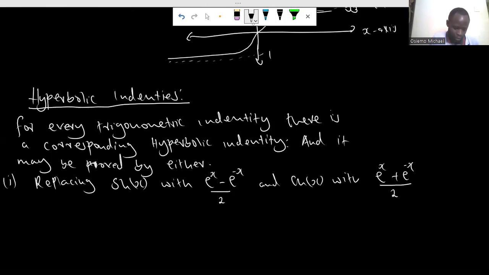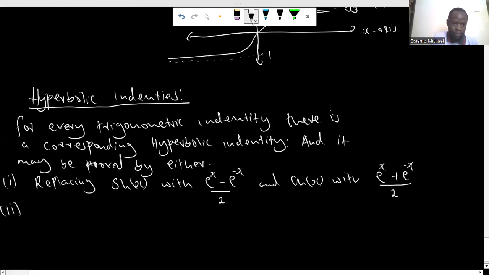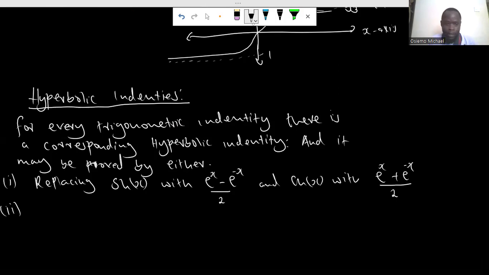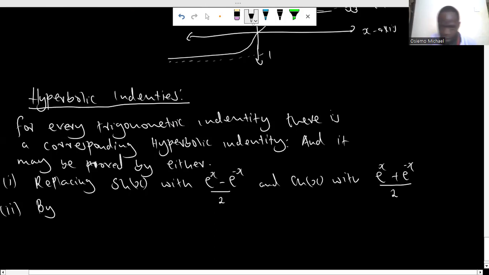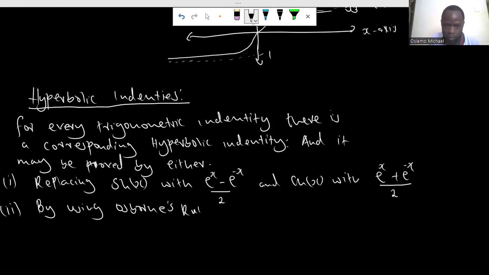Or the second way you can prove it is by Osborne's rule, by using Osborne's rule.